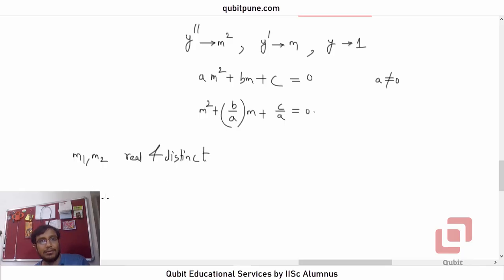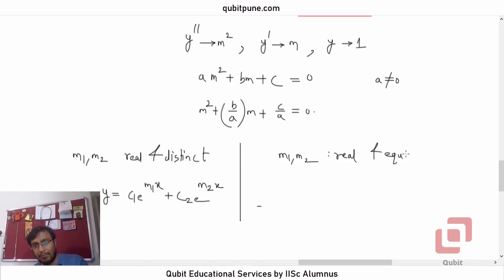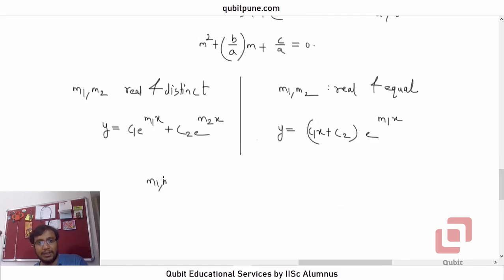When this is the case, then the general solution is y equal to c1 e to the power m1 x plus c2 e to the power m2 x. That's case 1. If m1 and m2 are real and equal, then the general solution is y equal to (c1 x plus c2) e to the power m1 x. And if m1 and m2 are complex conjugates, they have to be, because the quadratic equation has real coefficients.